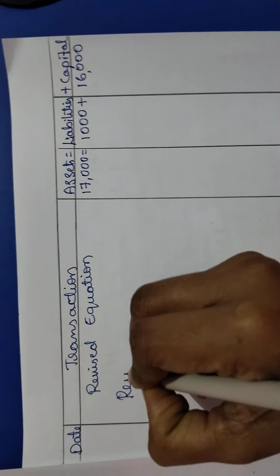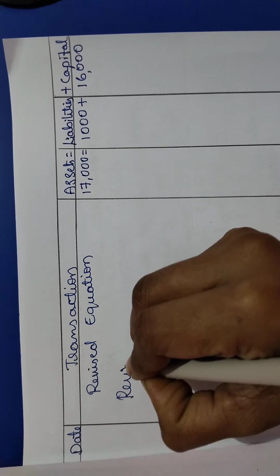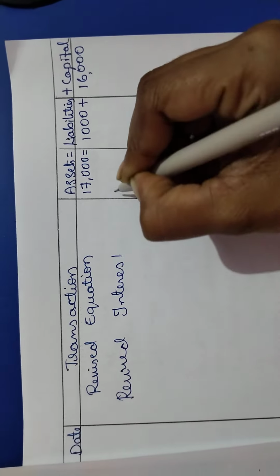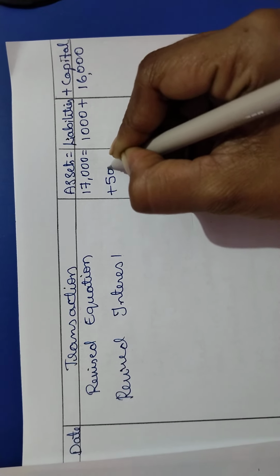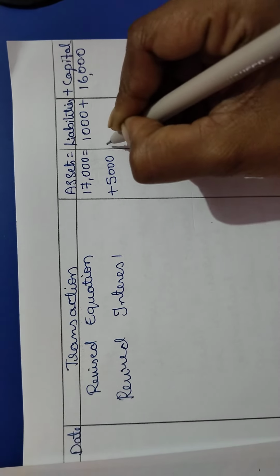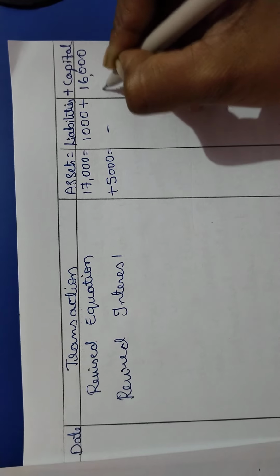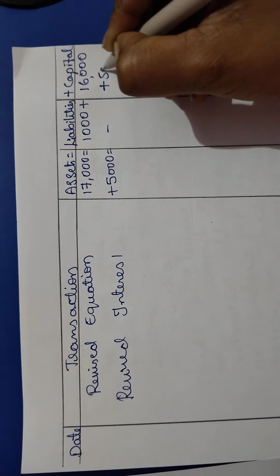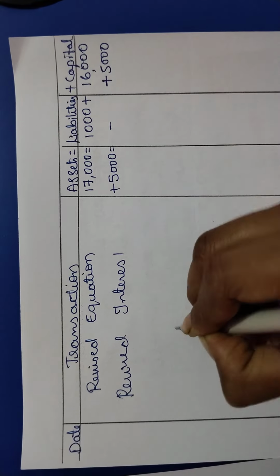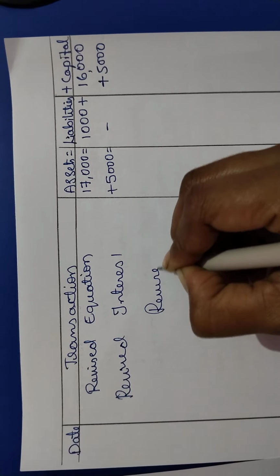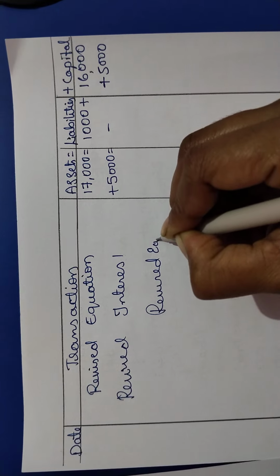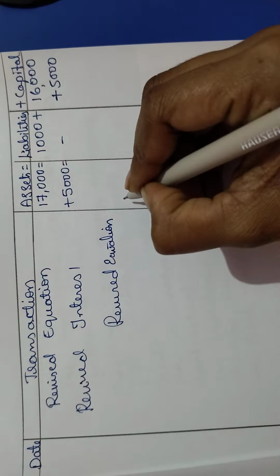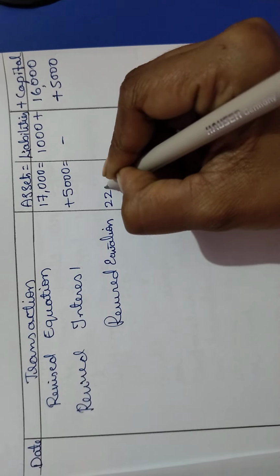Received interest plus 5,000. Cash is increasing. No change in liability. Increase in your capital. So the revised equation is 22,000.